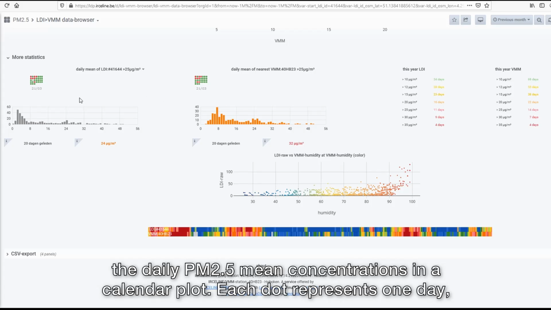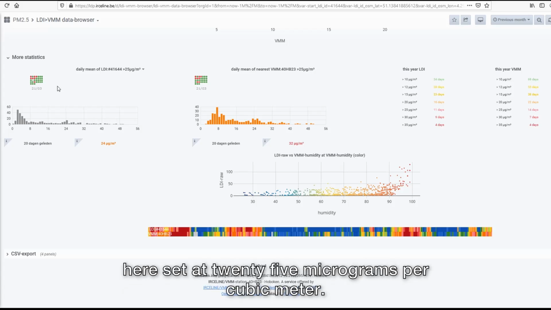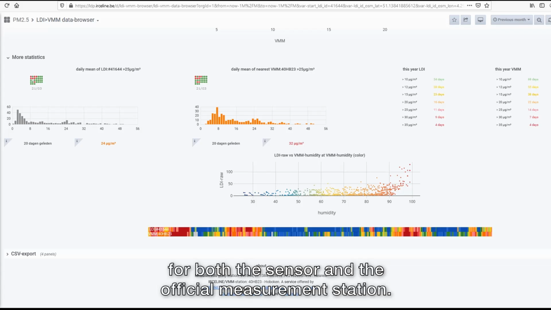Each dot represents one day, and the red dot is shown when the daily mean exceeds a given threshold, here set at 25 micrograms per cubic meter. The top right summarizes the number of exceedances above a given threshold for this year for both the sensor and the official measurement station.